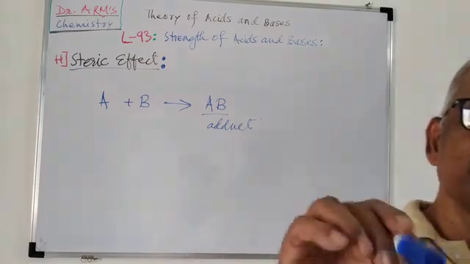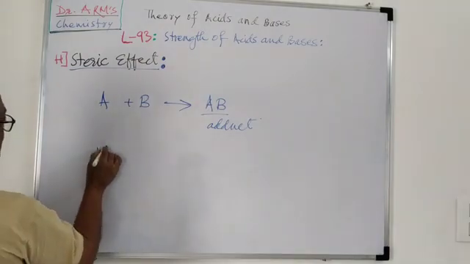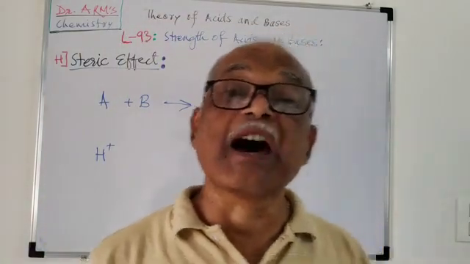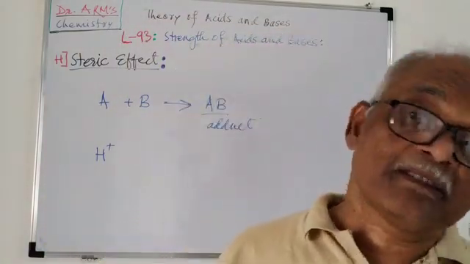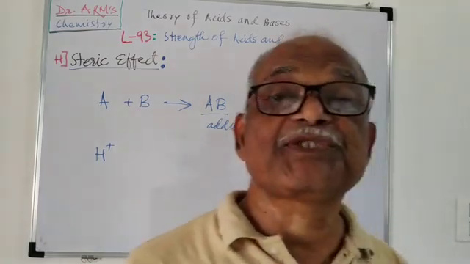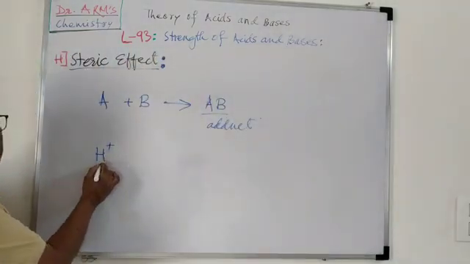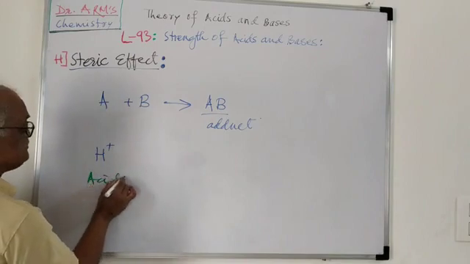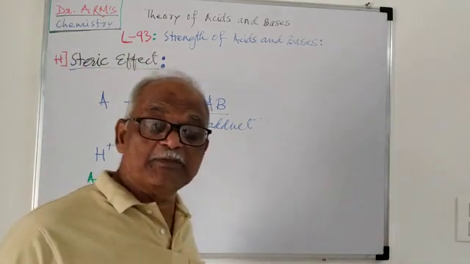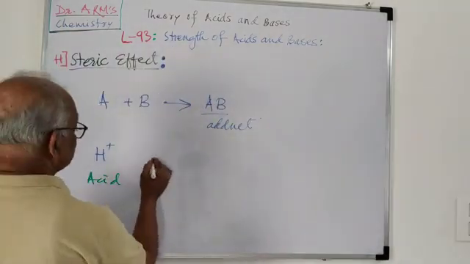If we consider acid as H plus and base as the substituted amines of pyridine, then we can find the order of the basic strength as follows. With relation to this H plus, that is the acid, the order of the strength of the bases is like this.